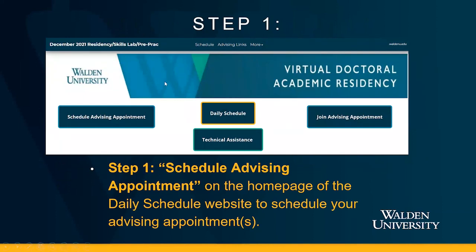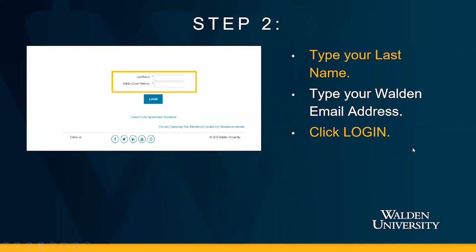You can also access this through the Daily Schedule website here and clicking on the Schedule Advising Appointment section. You'll input your information in order to log in using your last name and your Walden email address. Then click on Login.